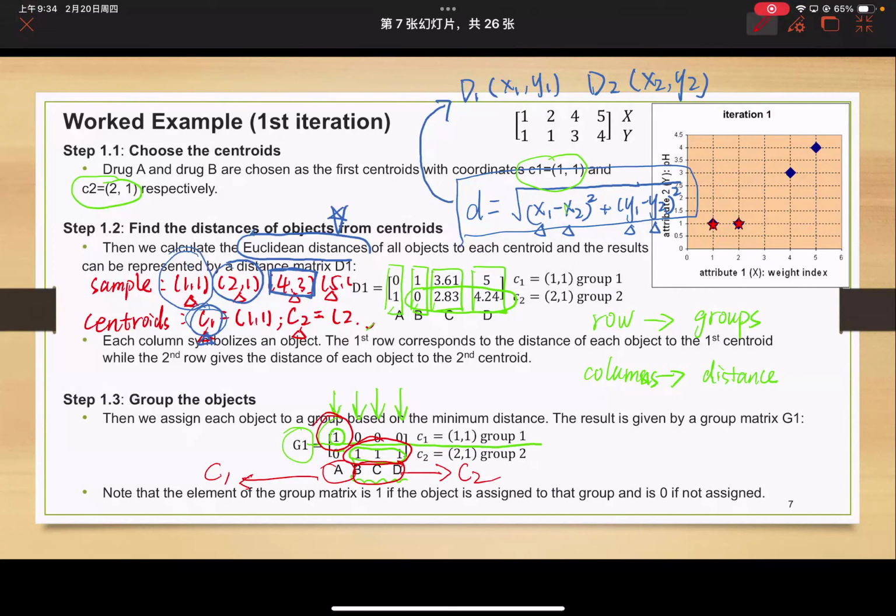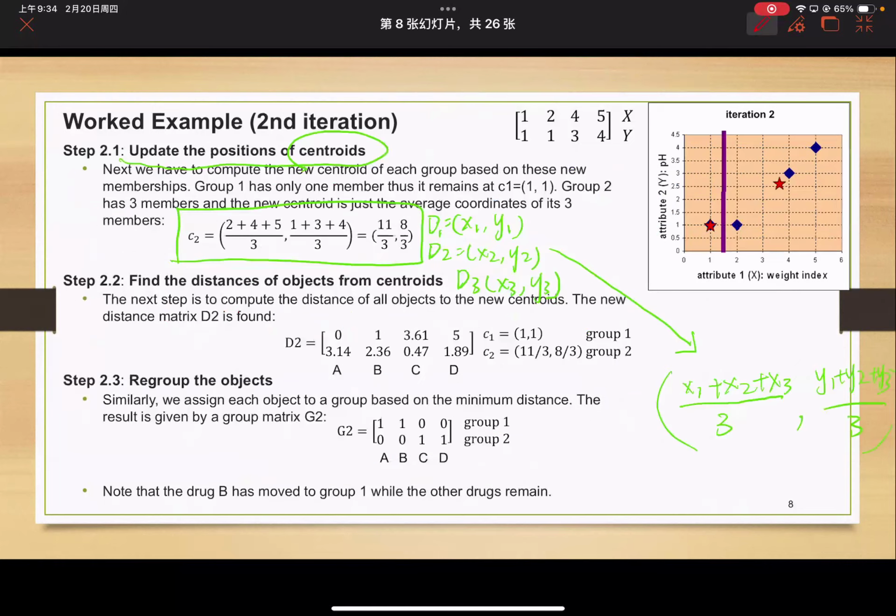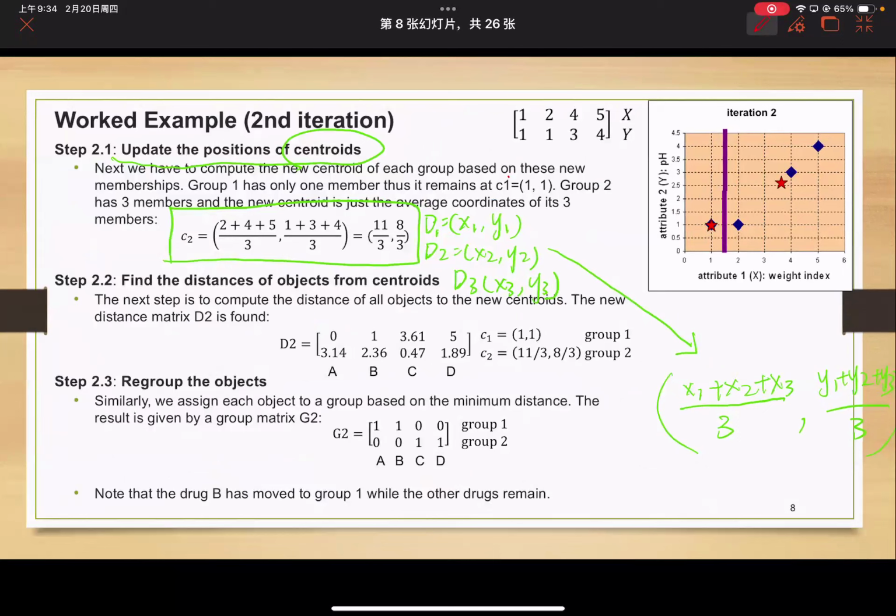So the center of group 1, which only has one data point A, is the same as the coordinates of A, right? Because we only have one data point in this group. So the center is the data point itself. So it means here C1 remains as 1 and 1, okay? Then we have the new centroids of the clustering.